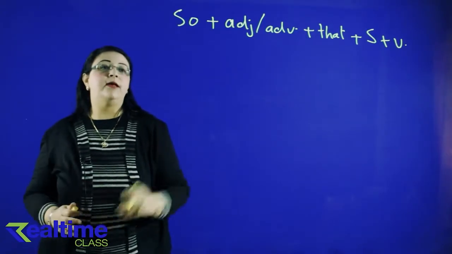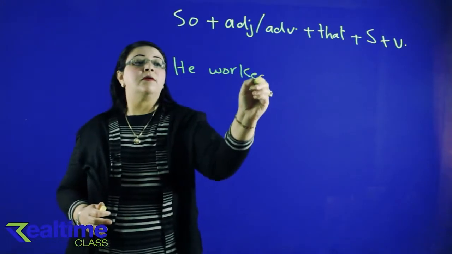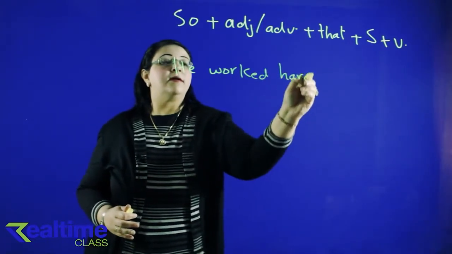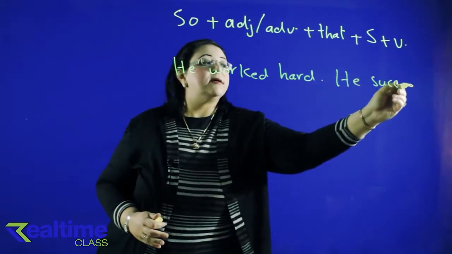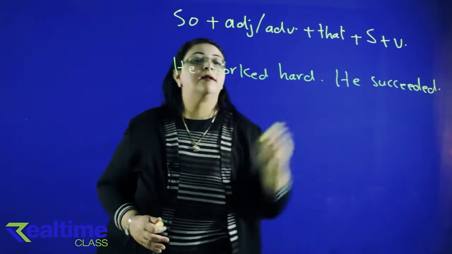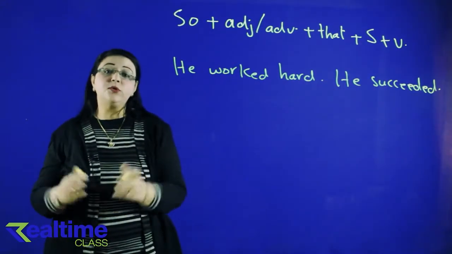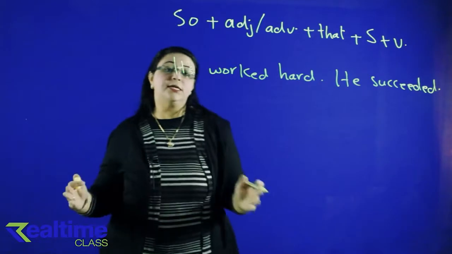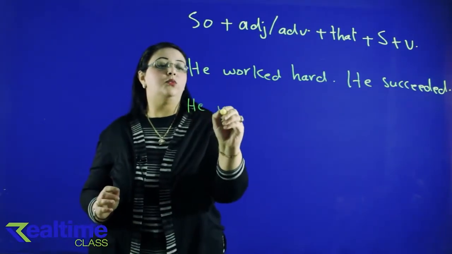For example, as we said, we can say he worked hard, he succeeded. Of course, the second sentence is the result of the first sentence. How can we join them together to form one sentence? We can use so that. We would say he worked.